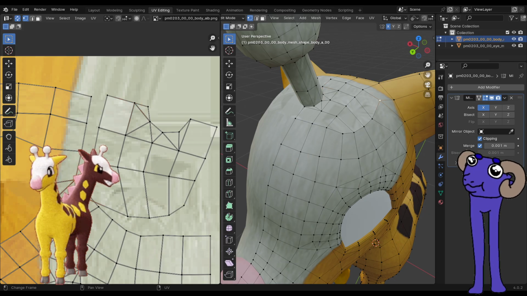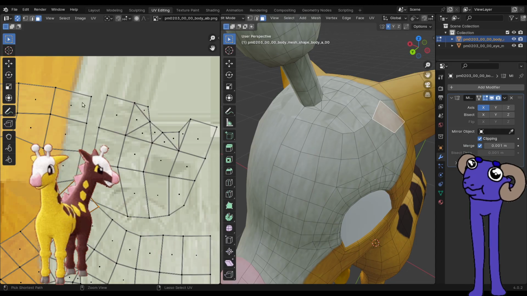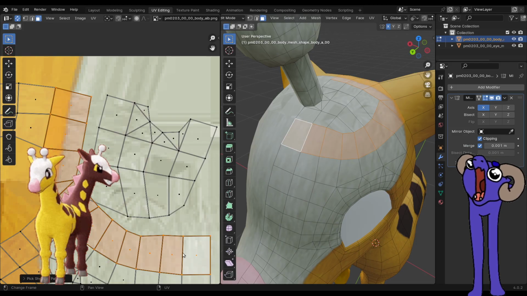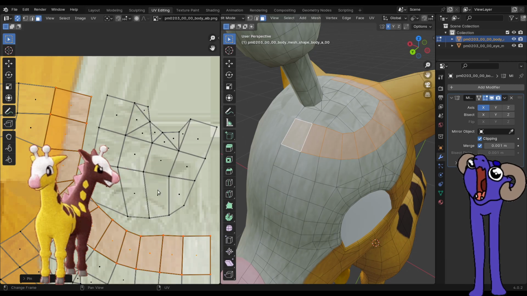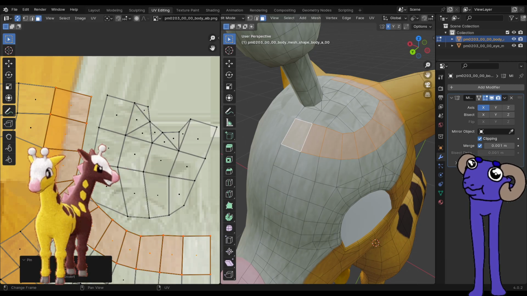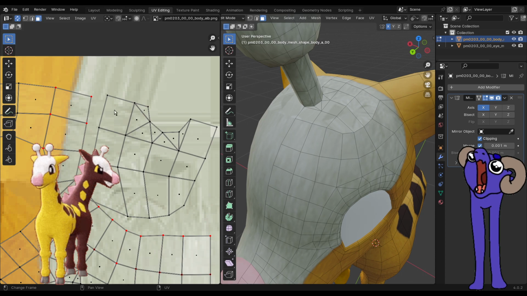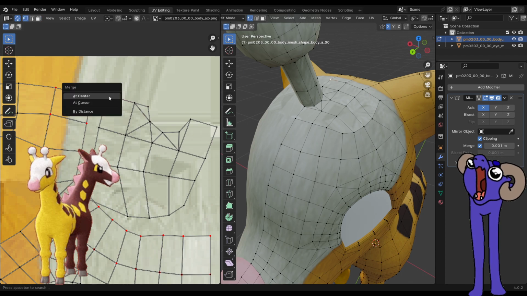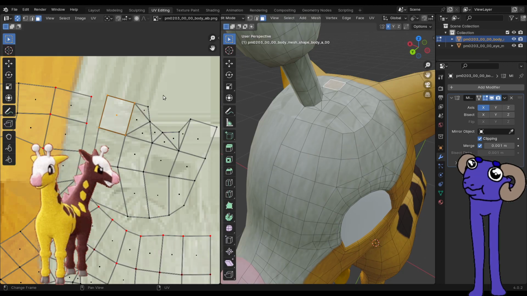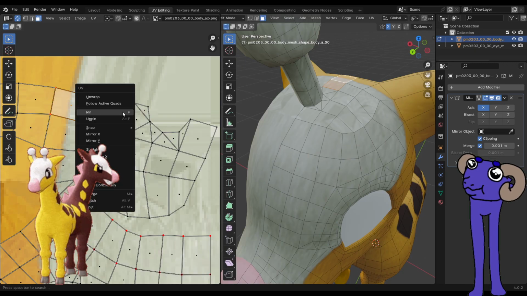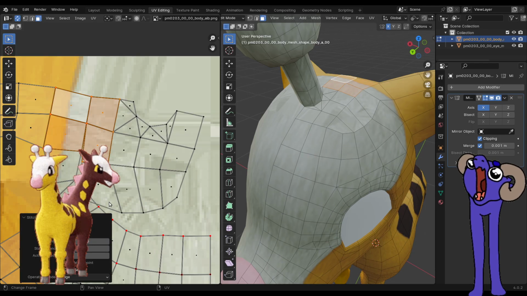How do I fuse these together? Is there some way to freeze these? Can I pin them? What does pinning them do? So if they're pinned, and then I merge at center that... No. I stitch this.